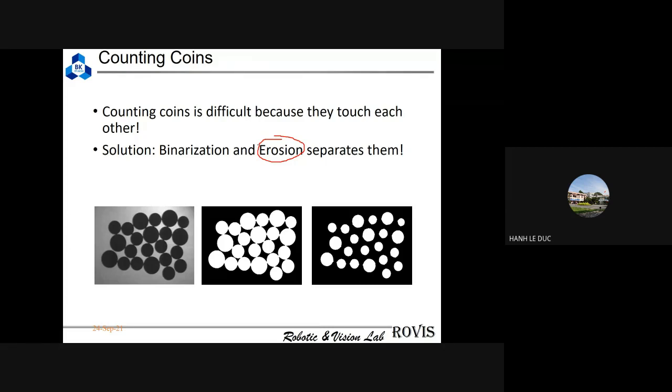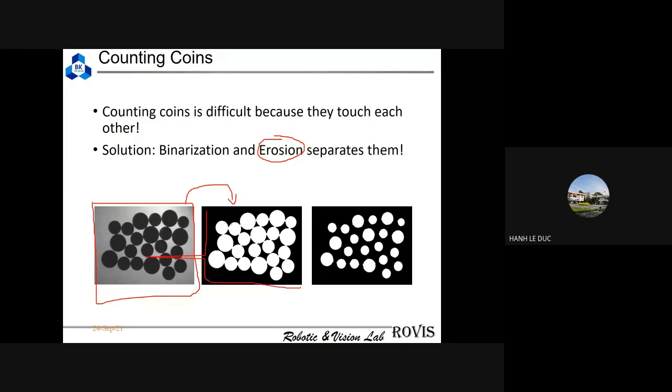And what is the function of this erosion algorithm? Here, for example, we have the original image like this, and we want to count how many circles are in this image. After we do the fill holes, we have a very beautiful image like this.